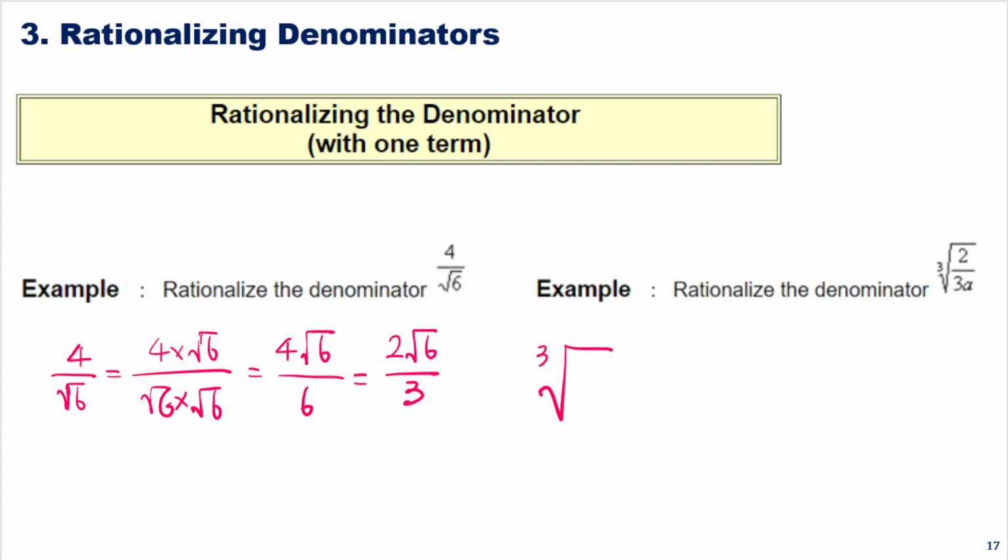So in order to rationalize the denominator, we need to multiply the cubic root of 9a squared to both numerator and denominator, right?